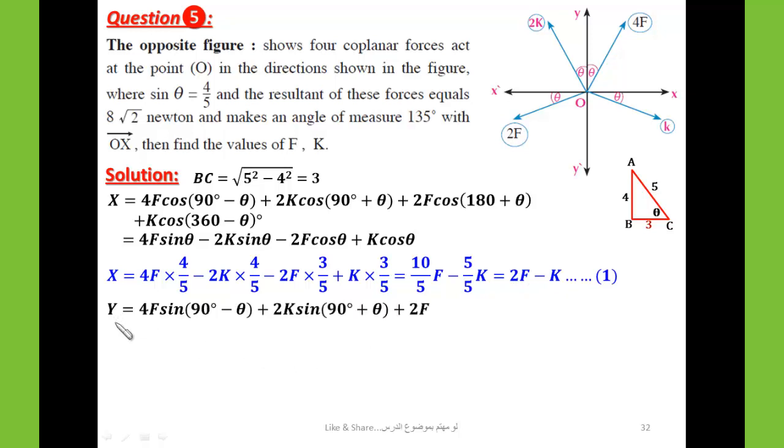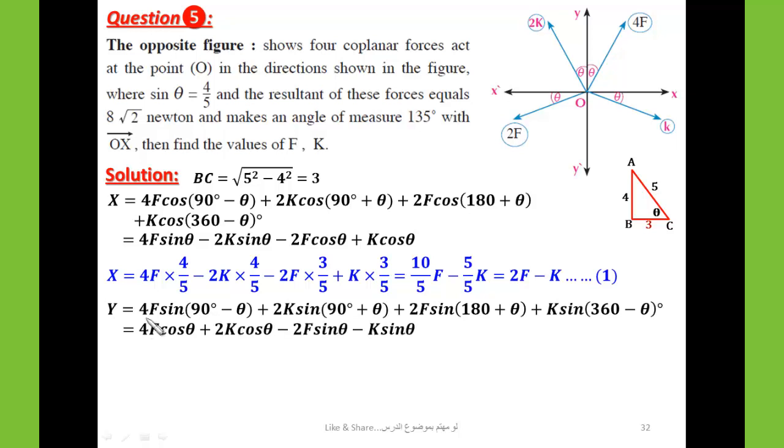And y, it is the sum of all components in the perpendicular direction. Y equals 4f sine 90 minus theta plus 2k sine 90 plus theta plus 2f sine 180 plus theta plus k sine 360 minus theta.